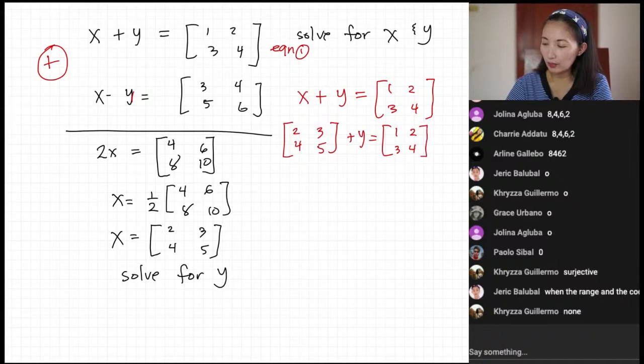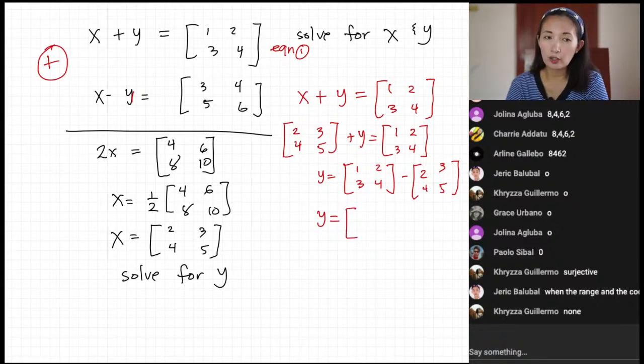Okay, Y is equal to 1, 2, 3, 4 minus all of this, 2, 4, 3, 5. Y will be as simple as that. Subtract every corresponding element. So what will this be? Negative 1, negative 1, negative 1, negative 1.